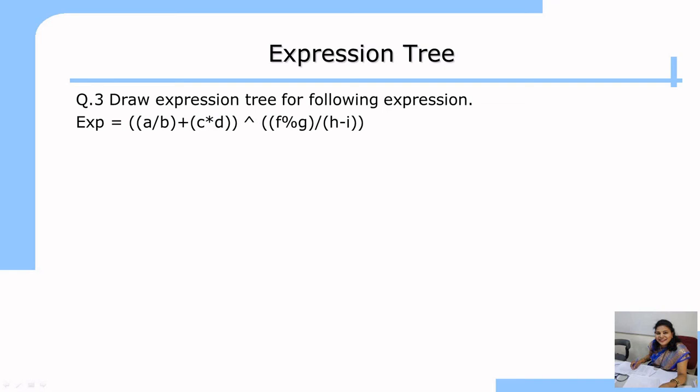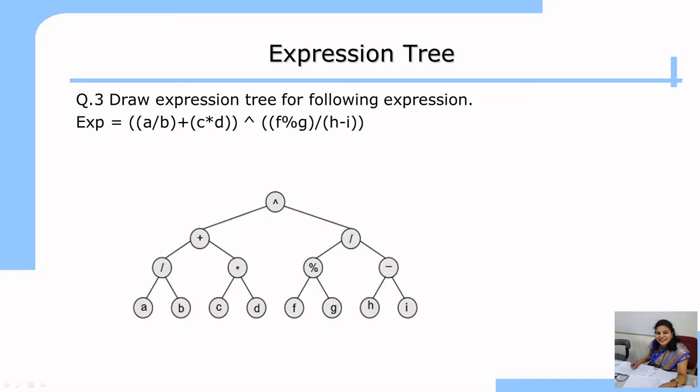Let us see another example. Here you can clearly see that raised to will be your root node. At the left side, plus will be the parent, and at the right side, the division sign will be the parent. You can see that at the left side of the plus is what? A divided by b.